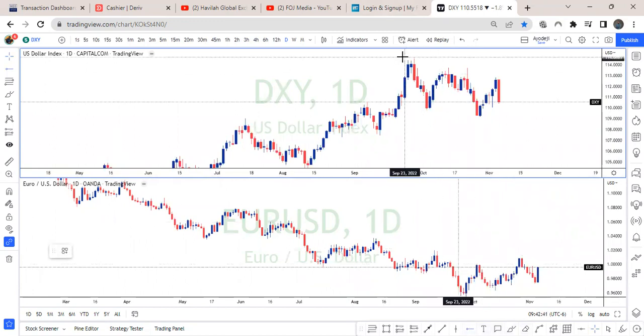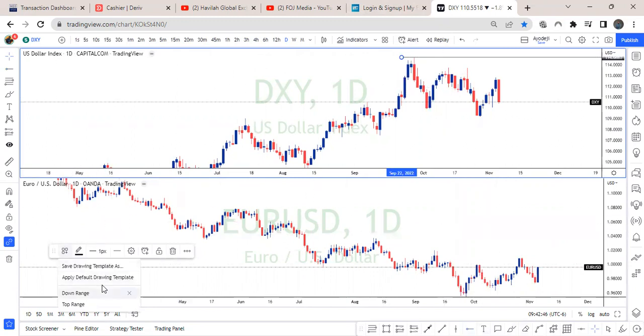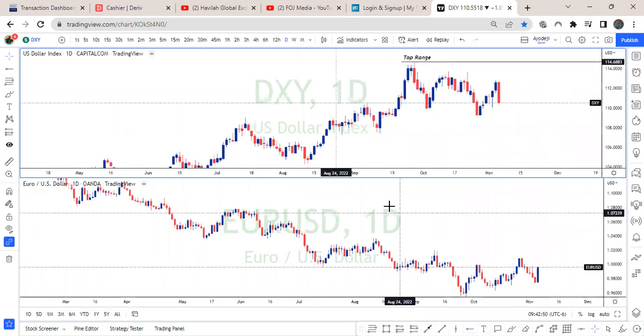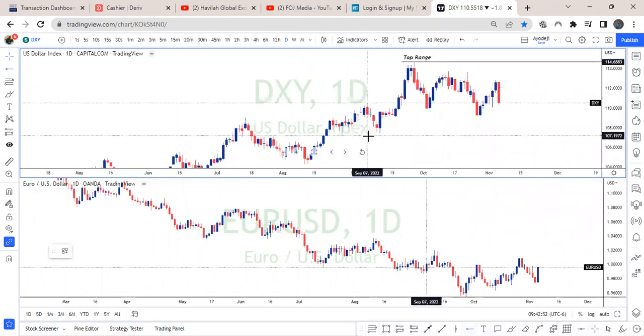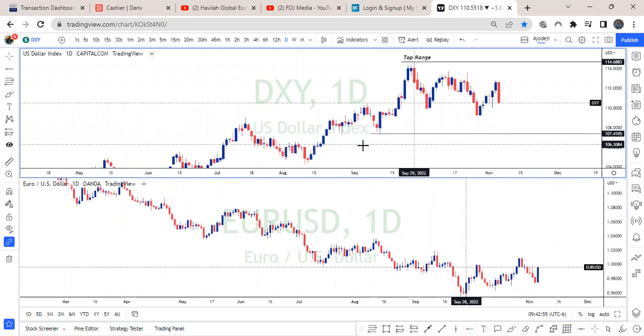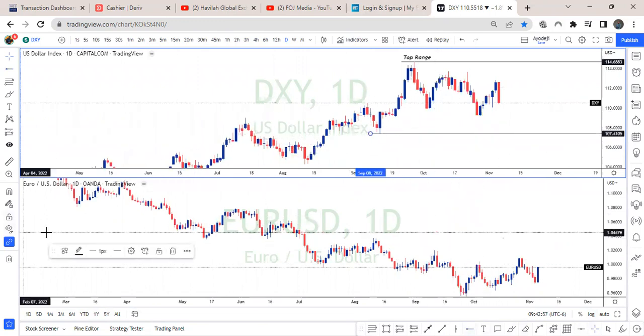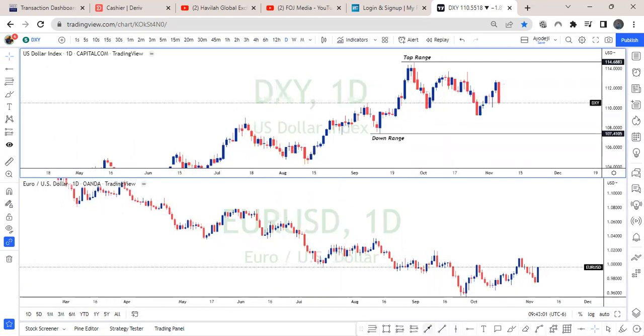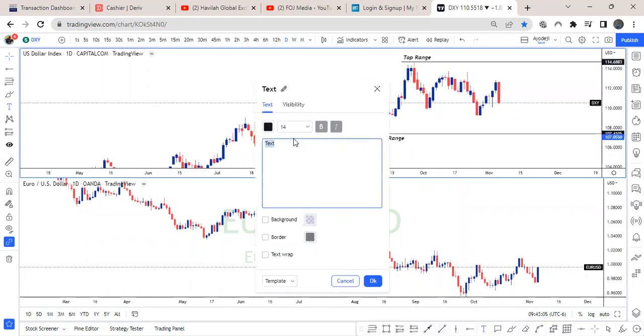This is our current stop range, and this is our current down range. This is also the last higher low.